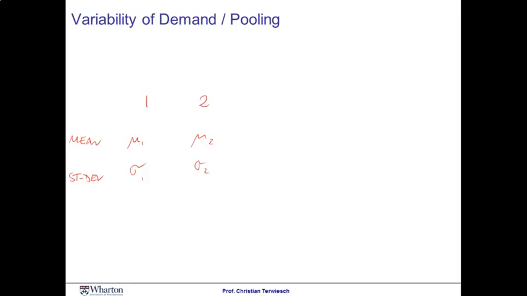However, if it's a 1,000 standard deviation for 1,000,000 shoes, that would be relatively little. With this in mind, we'll define the coefficient of variation, or CV, as the ratio between the standard deviation and the mean.